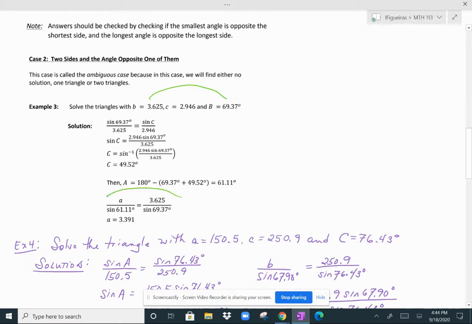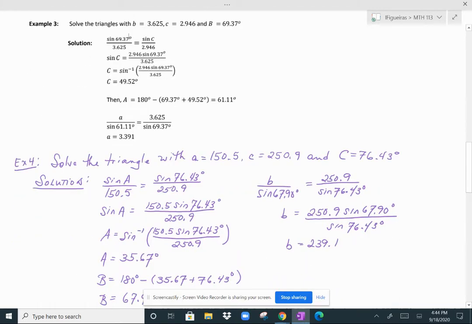So I have A over sine of 61.11 degrees equals 3.625 over sine of 69.37 degrees. So if you cross multiply the sine of 61.11 over to the right, you get that A is 3.391. Here I rounded it off to 3 decimal places, just like the initial sides were given.